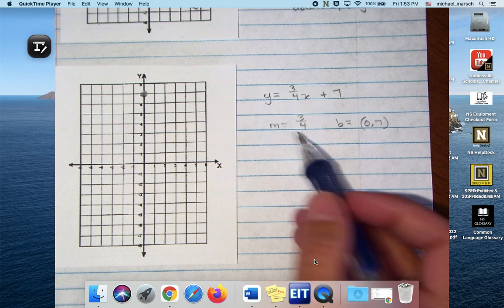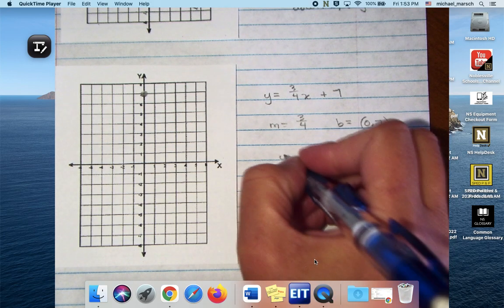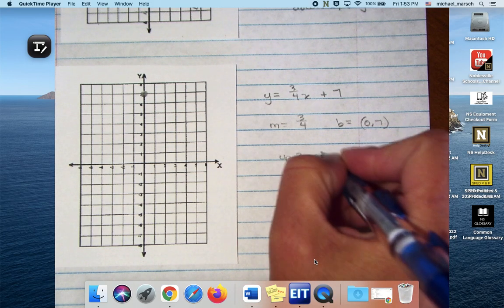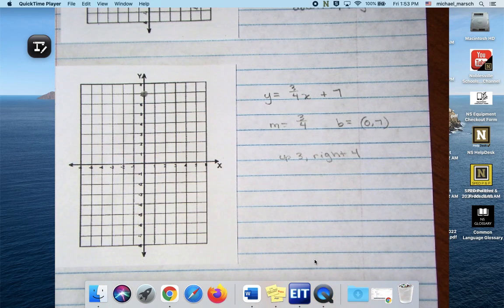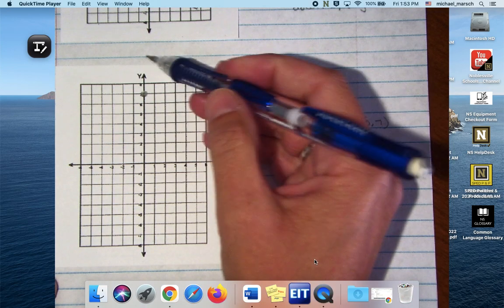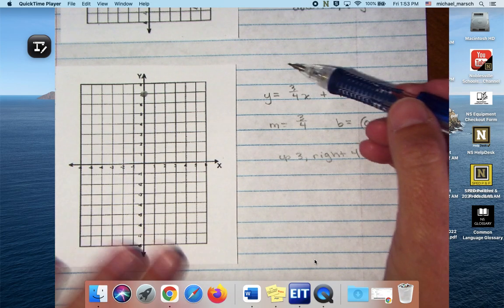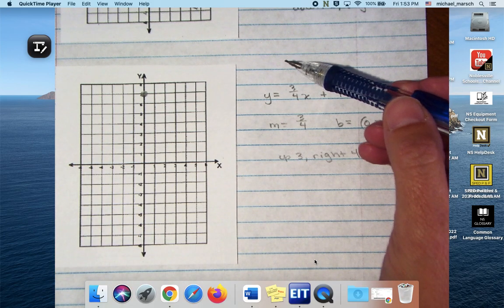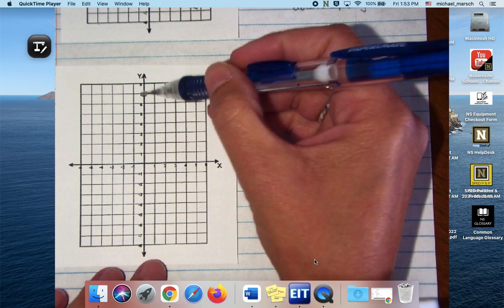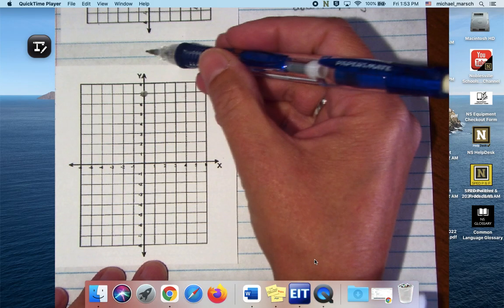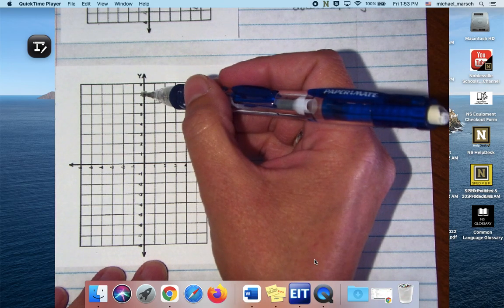And then my slope, because it's 3/4, that tells me up 3, right 4. So if the goal is to plot 3 more points, can I go up 3 and over 4? No. So you kind of have to do the opposite. You're going to have to go down 3 and back 4, right? If you can't fit it on the graph because the graph doesn't extend that far, then you just go the opposite.